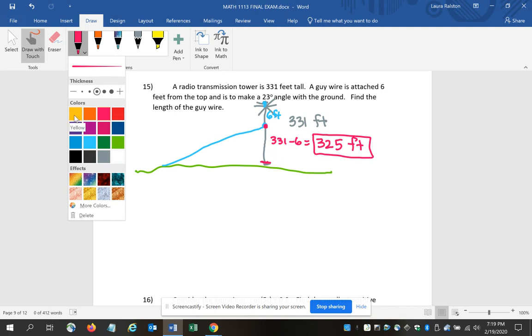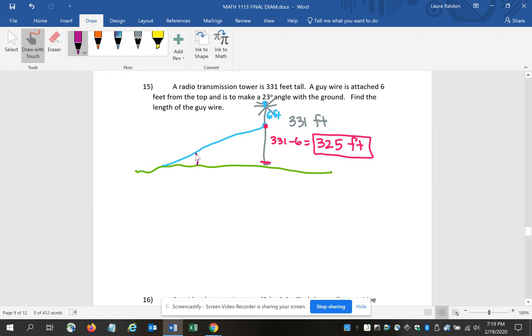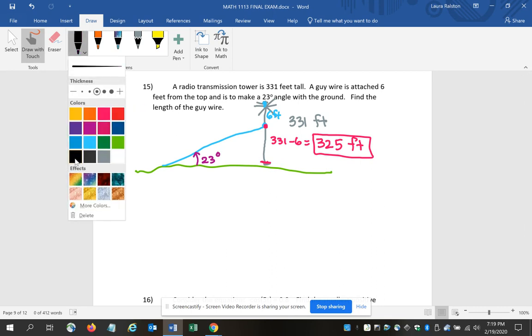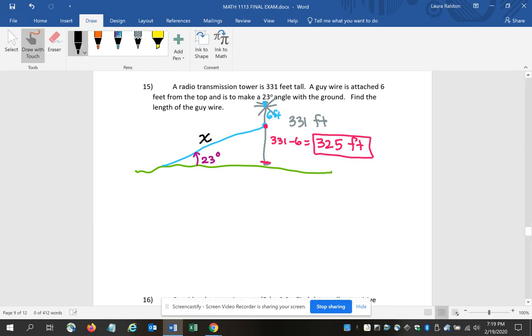Furthermore, we're told that the angle that's created between the ground and the guy wire is 23 degrees. And I ultimately want to know the length of the guy wire, which is this blue line here. So this is X. Hopefully you can see there that we have a right triangle.